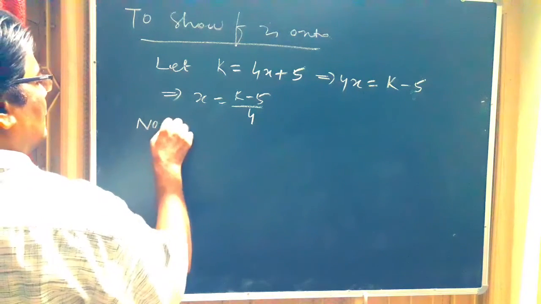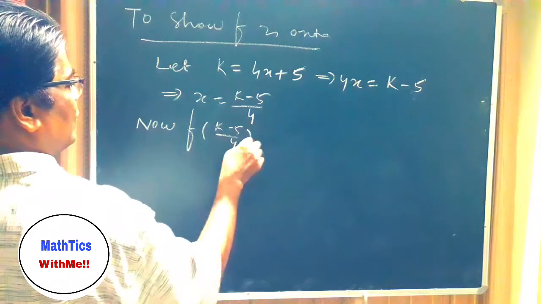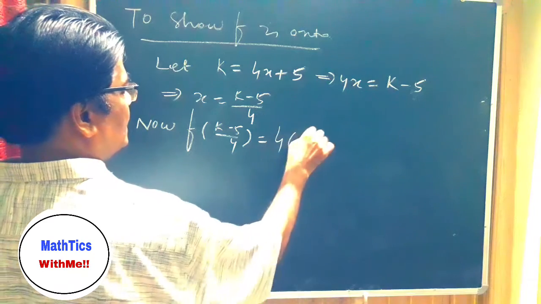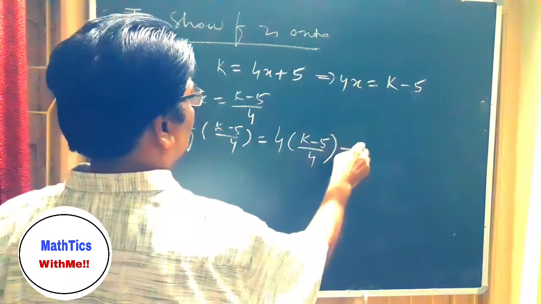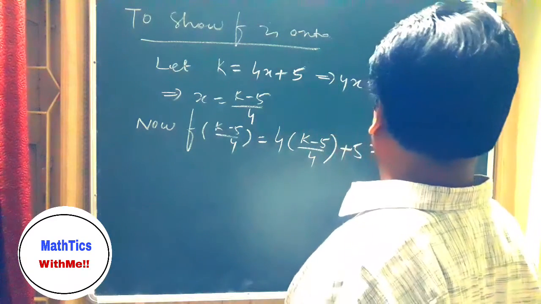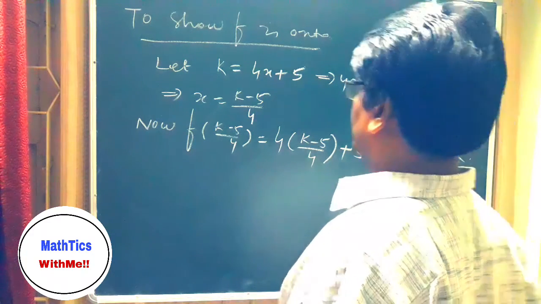Now, f of (k minus 5) by 4 is equal to 4 into (k minus 5) by 4 plus 5. So this is equal to k minus 5 plus 5, which is equal to k.